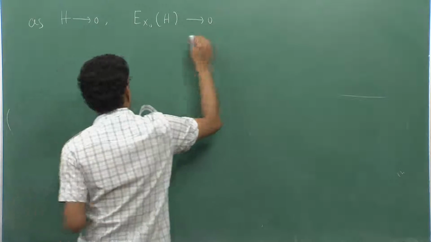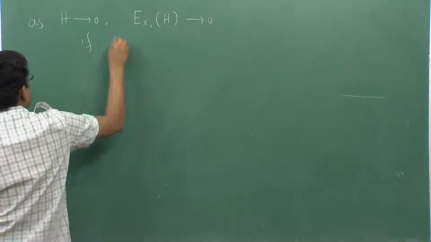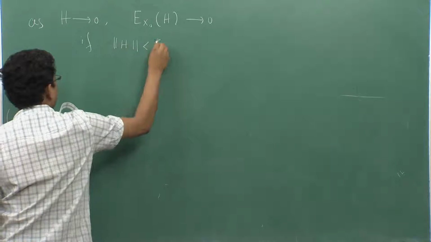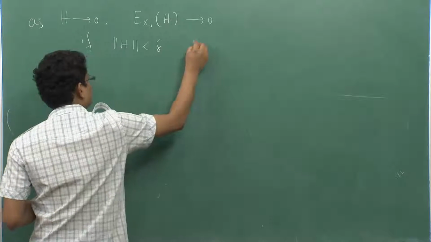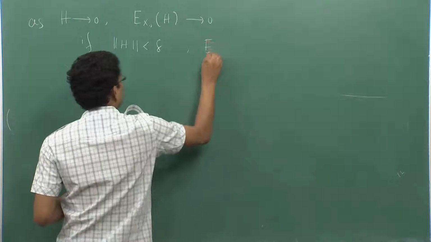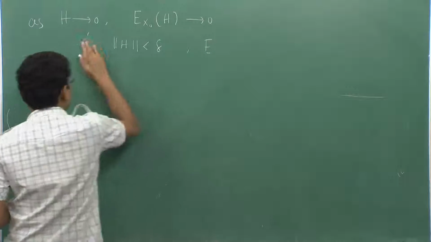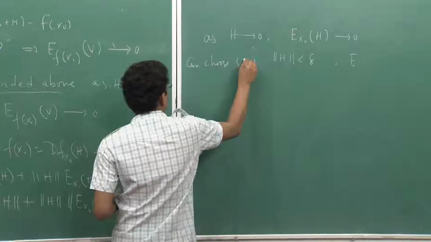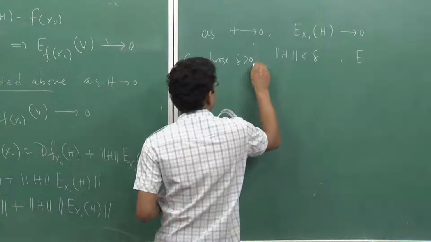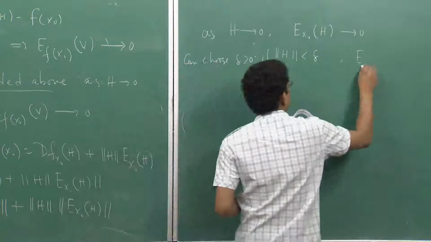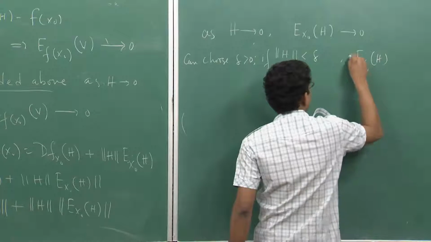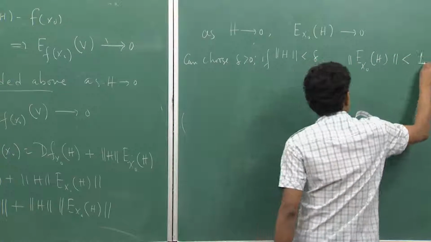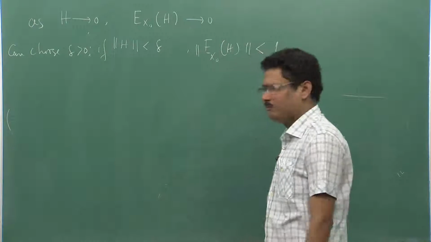So, I can choose delta such that if norm h is less than delta, norm of E x naught h will be less than 1, because it goes to 0, so it will be less than any positive quantity.